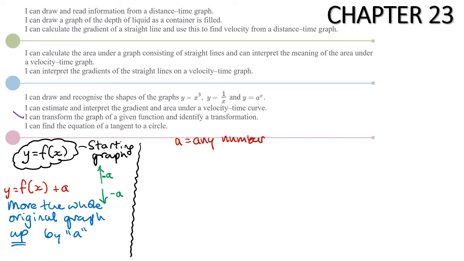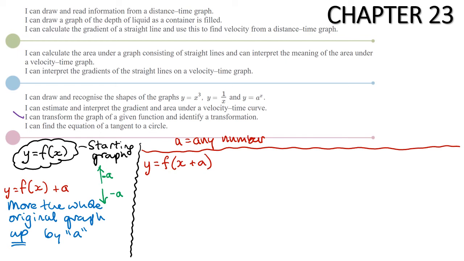The next type is y equals f of x plus a, with the a inside the brackets. Now what this will do, it will either move the whole graph to the left or the right. It will move the original graph to the left by a.